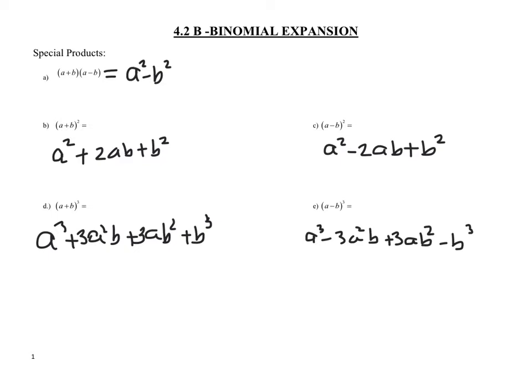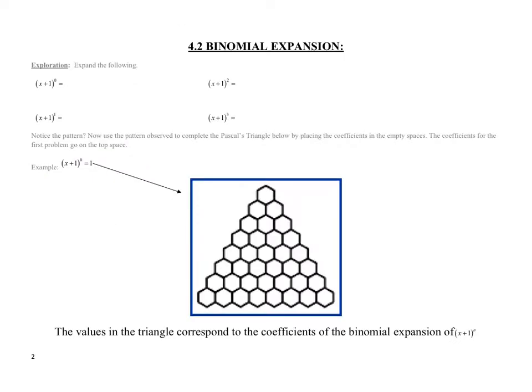And as we do this, I want you to pay attention to these coefficients right there. See, this is 1, 3, 3, 1. So those coefficients will be important when we go to the next part.